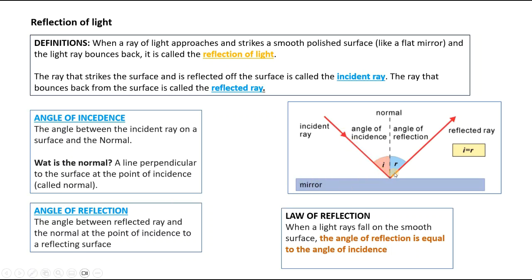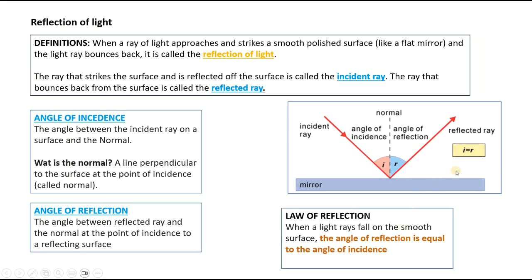The angle of reflection is this blue angle labeled R, and that is the angle between the reflected ray and the normal. And then lastly, there is an important law that you need to remember, and which we will also use in some of the calculations, and that is the law of reflection of light, which very simply says that the angle of reflection is always equal to the angle of incidence.